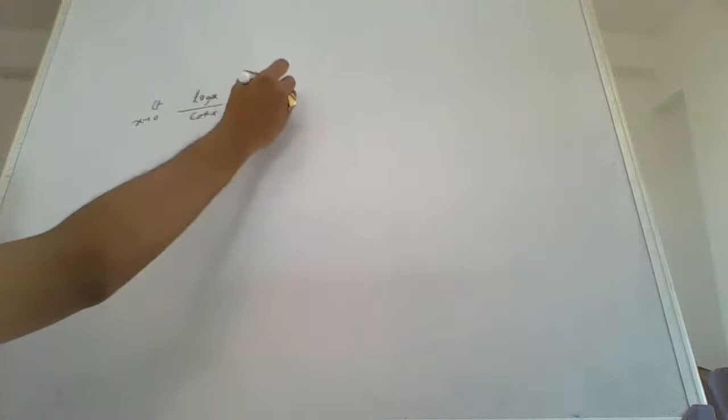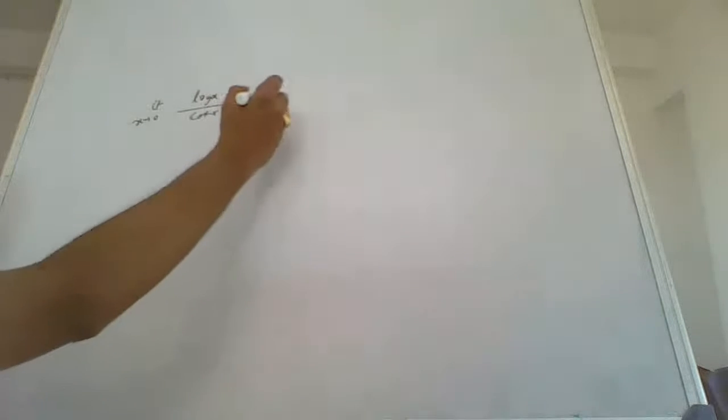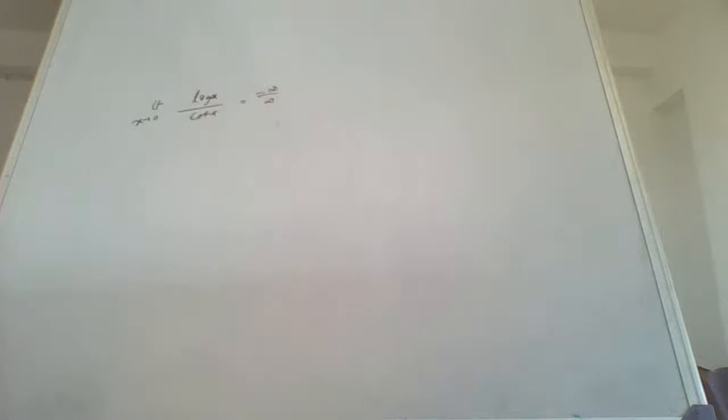Now, here if you look, the numerator leads to minus infinity, and the denominator also leads to infinity. So this is infinity by infinity. Let us see how to solve this.